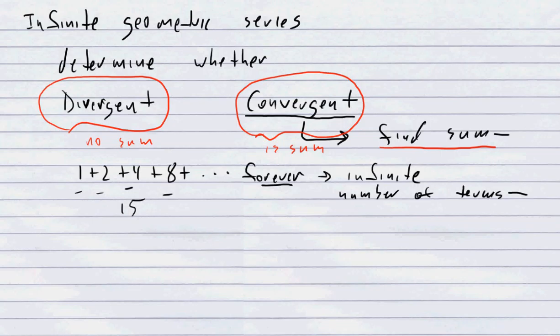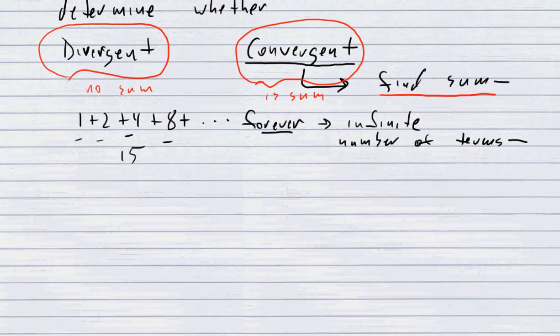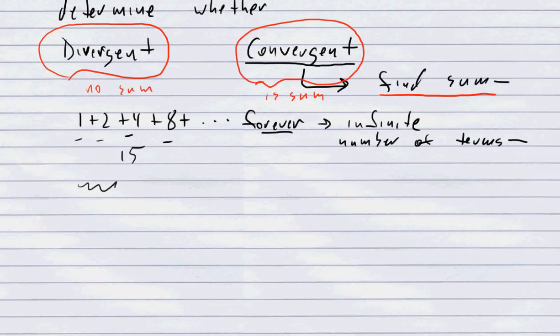Now, how do we know if the series is divergent or convergent? First off, let's just focus on the fact that we are talking about a geometric series here only. Other kinds of series might have sums also, but in this case we're dealing with infinite geometric series only.